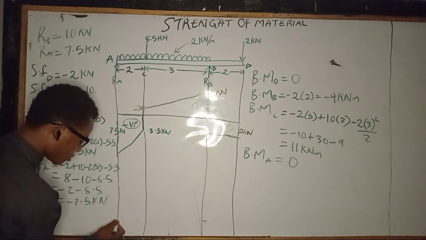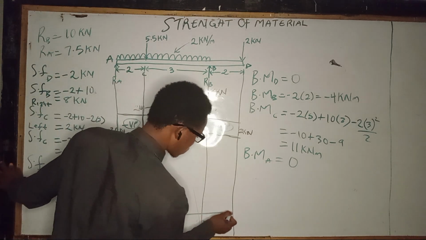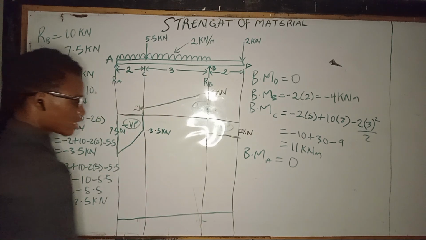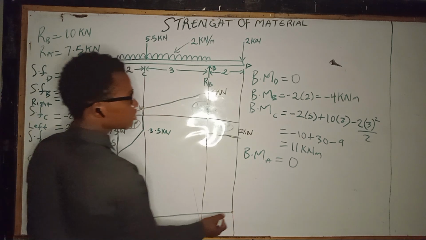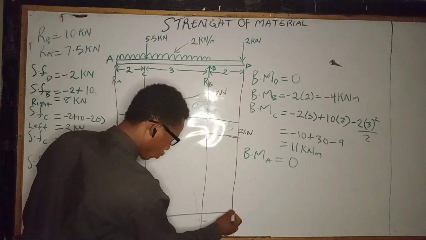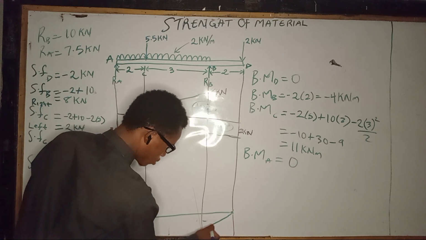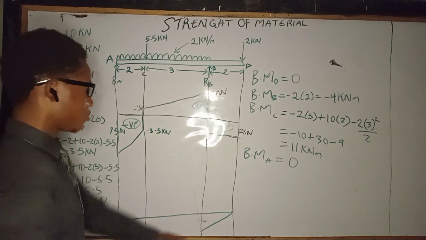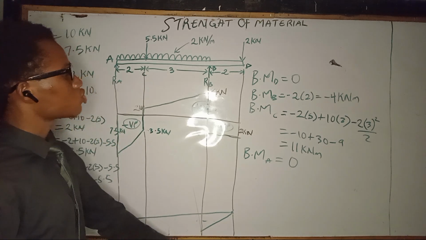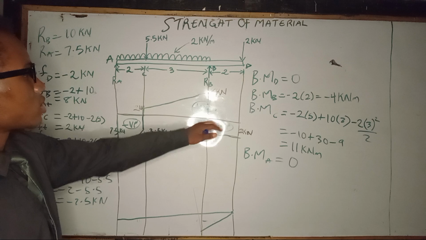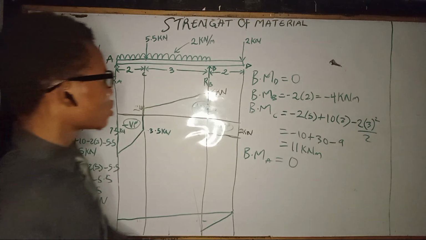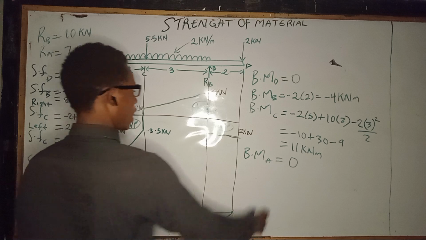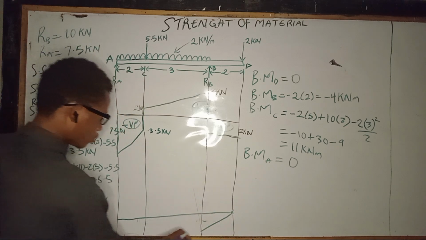And now for our bending moment diagram, we put our straight neutral line right here. Bending moment at D is 0. Bending moment at B is -4. So we take it at a 1-degree line to -4. And from -4, it goes to bending moment at C, which is 11 kilonewton meter, and comes back to the bending moment at A, which is 0.